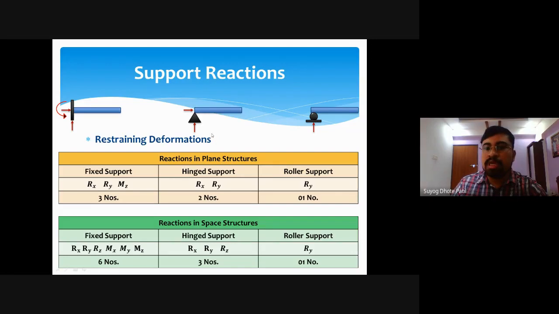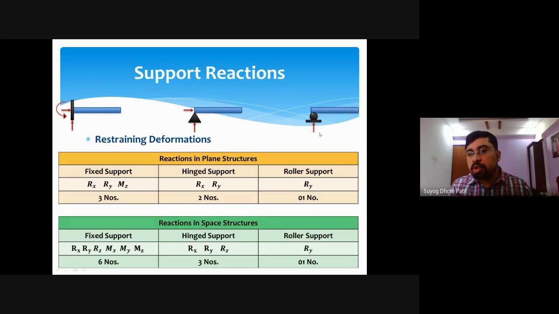Rotation is possible. Similarly, if I consider roller support, it provides only one reaction, a base reaction. If I have provided the vertical reaction, it means that this whole assembly, this support as well as the beam, cannot settle down. If this roller reaction is in the vertical direction, the beam cannot move in the vertical direction, but it can move in the horizontal direction.